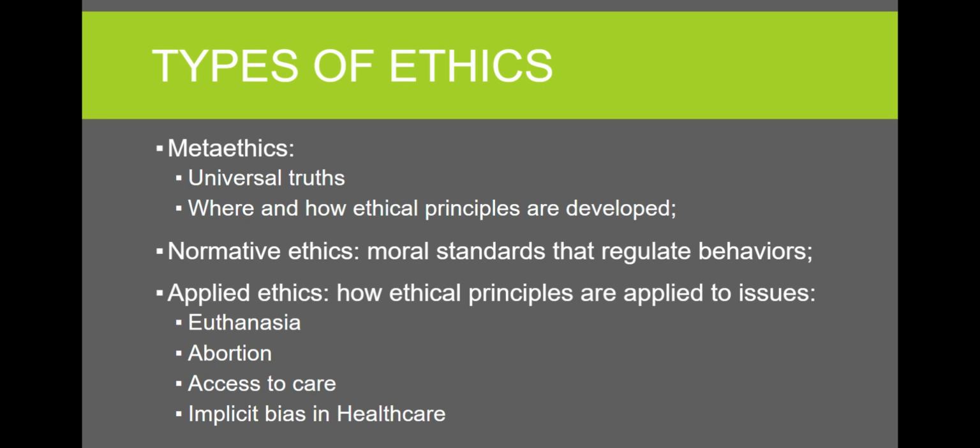Applied ethics can also be used to explore implicit bias in healthcare, and structural racism and how it impacts our patients' health. So those are just examples of applied ethics. Normally, with applied ethics, organizations in healthcare, such as, let's say, the Association of Oncology Nurses, will come up with policy statements that apply to practice.